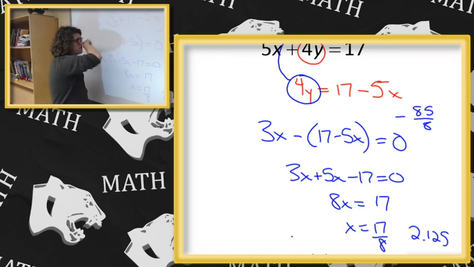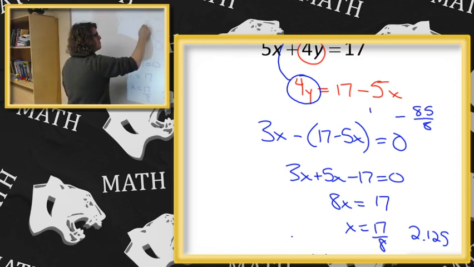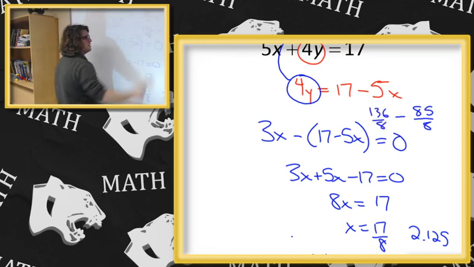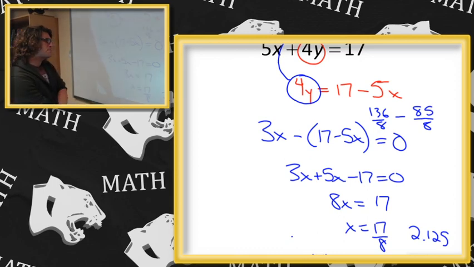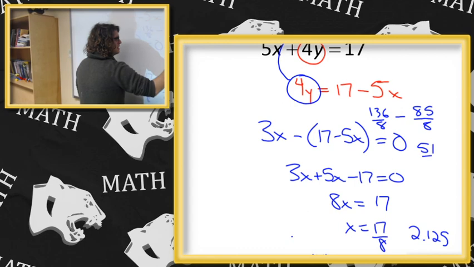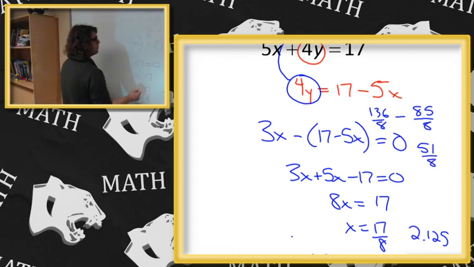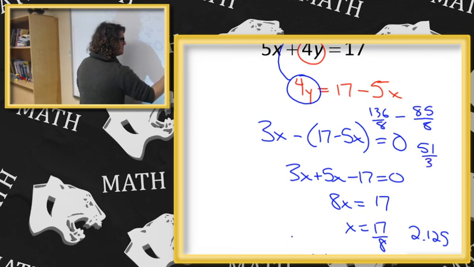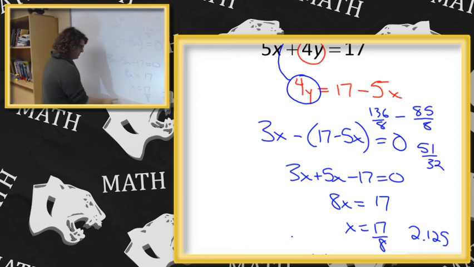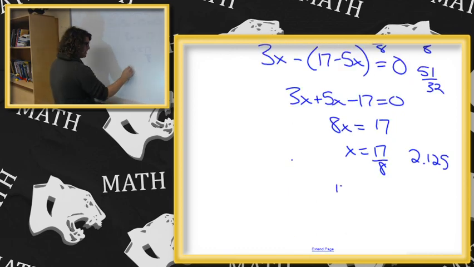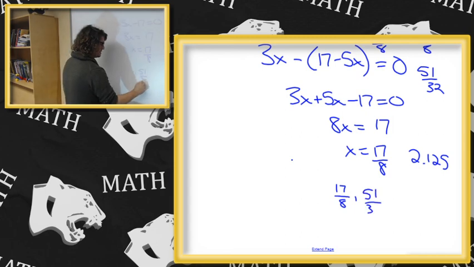And then that would be 80 plus another 56, so 136, I think, eighths. Subtracting there, subtract 100, add 15, so 51 eighths. So 51 eighths, and then we'll divide by 4 on both sides. So it would be 51 thirty-seconds. Whew, okay, so I'm going to say that the answer here is 17 eighths and 51 thirty-seconds.